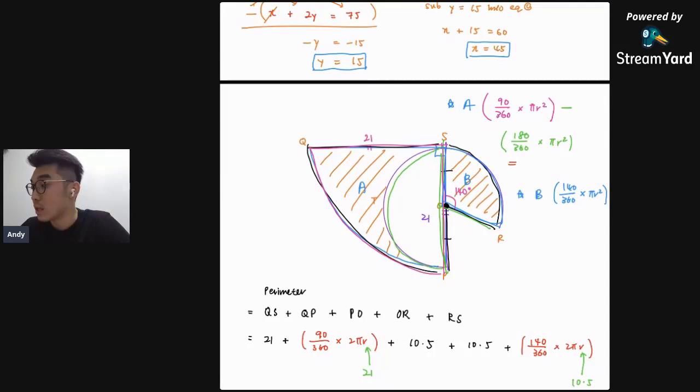And then, okay, got it. Minus 180/360, which is half. Half times 22/7 times, this time the radius is 10.5. So it's very direct. This is 10.5 squared.